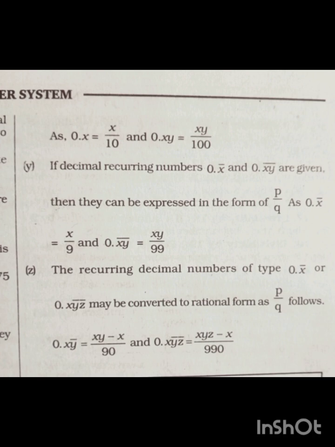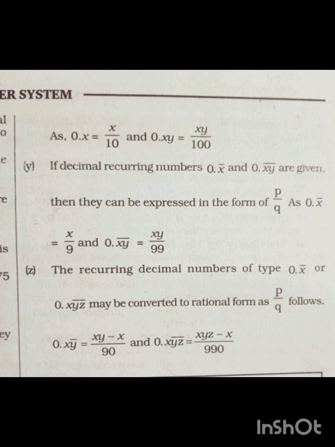If decimal recurring numbers 0.x bar and 0.xy bar are given, then they can be expressed in the form of p by q, as 0.x bar is equal to x by 9 and 0.xy bar is equal to xy by 99.